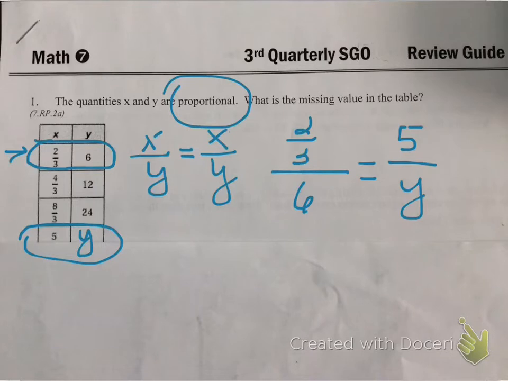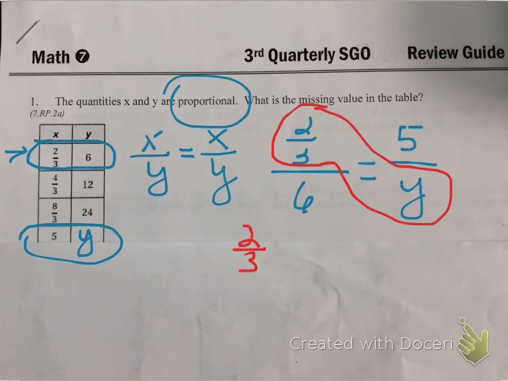And you could solve that using your cross product property. So I'm going to multiply 2/3 times y. And then I'm going to multiply 6 times 5.